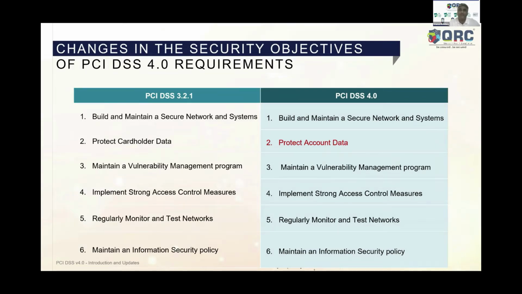Earlier the name was protect cardholder data only, but now they changed it from cardholder data to account data. The rest of the 6 security objectives remain the same. However, within the security objectives, the requirements and sub-requirements have changed. Certain things have changed, but the security objectives remain the same.